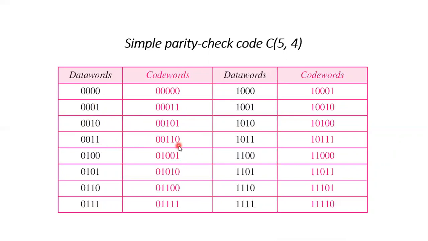Even number of 1s, therefore 0. Odd number of 1s, 1. Even number of 1s, 0. So like that. Here 2, 4, so even number, therefore 0. Here 3, odd number, therefore 1. So this is the simple parity check code.